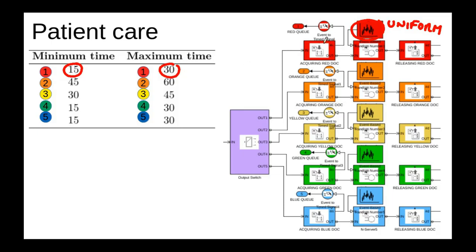As you can see here, I acquire one red doctor in here when the entity goes through this port, and then here the patient is being assisted. This is an N server. How many servers do we have in each block?